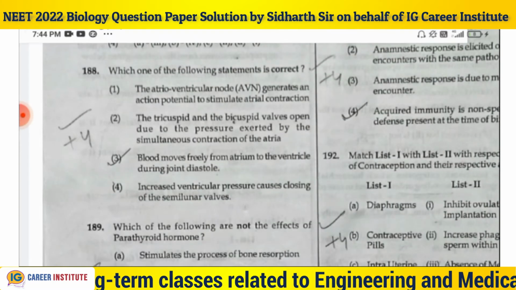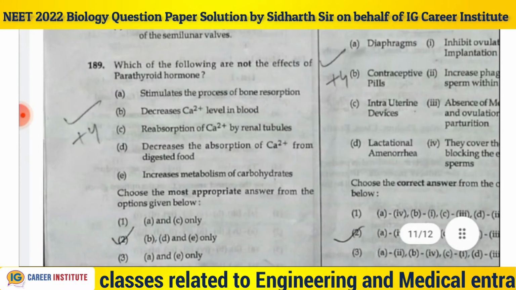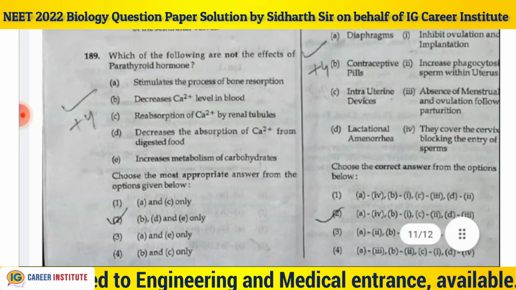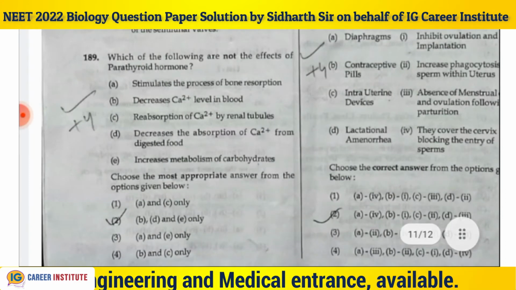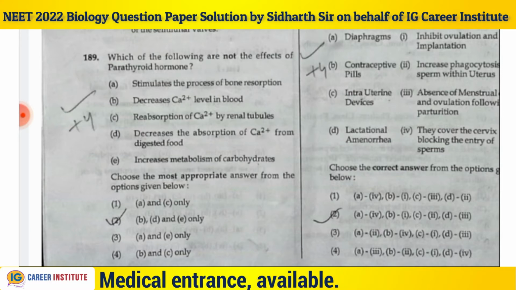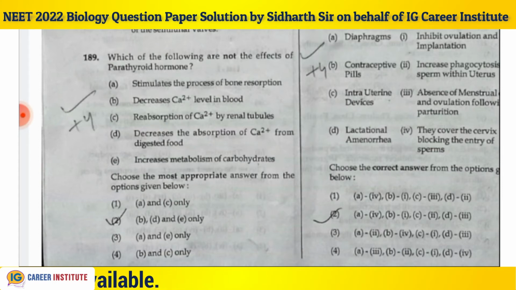Okay, that's all. 189. Which of the following are not effects of parathyroid hormone? So let's see. Stimulates the process of bone reabsorption. It is a part of parathyroid hormone. Decreases blood calcium level.